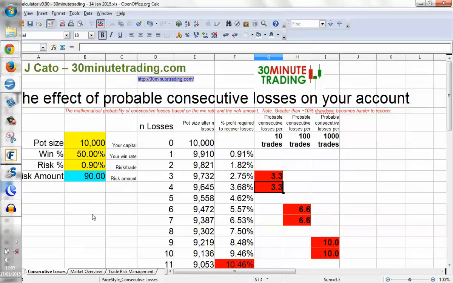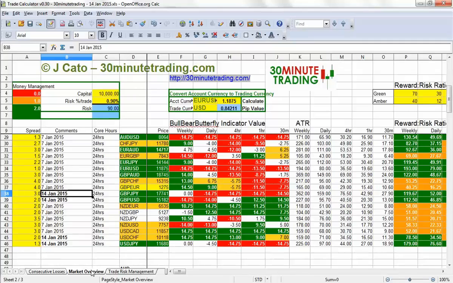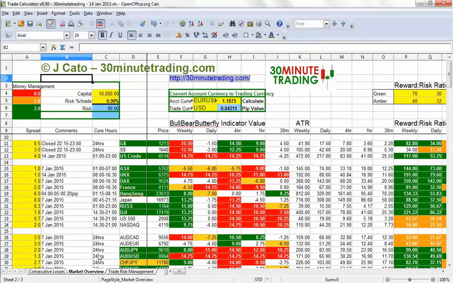And the inherent risk reward stuff comes from the market overview. Here's all the market overview. Basically I've got every asset that you might want to trade with regard to Forex, indices, or commodities. This tells you, on different charts, weekly, daily, 4 hour, 1 hour, and 30 minute, which direction you're going based on the bull bear butterfly indicator.